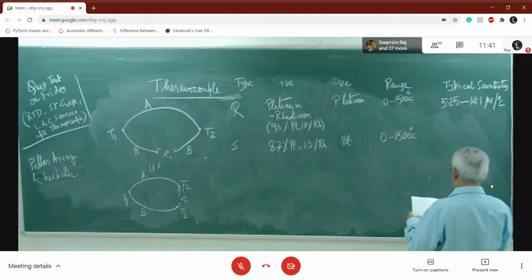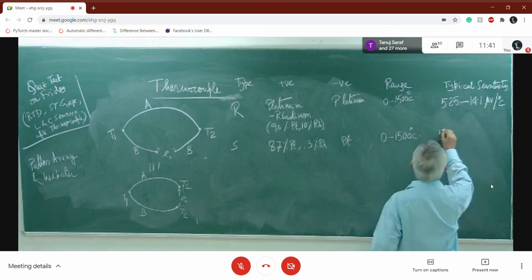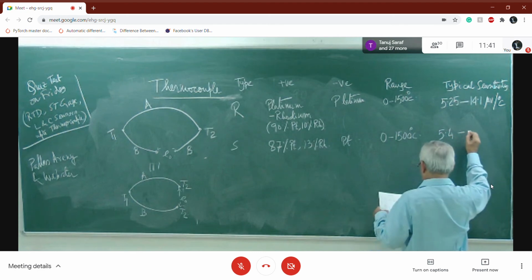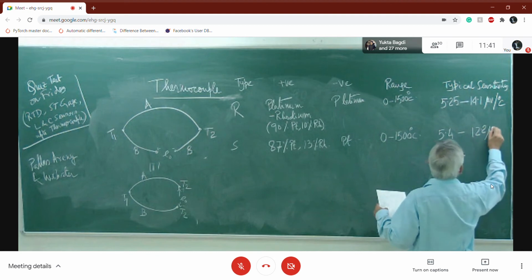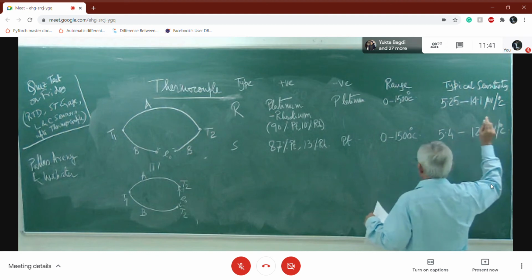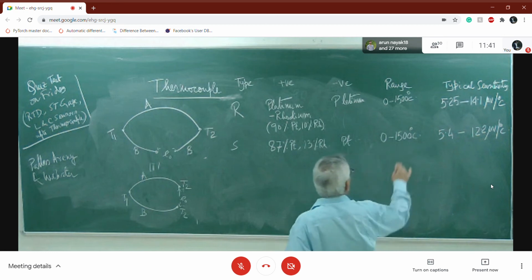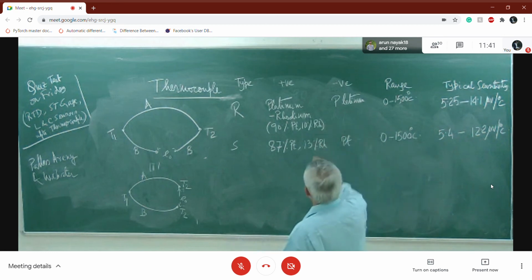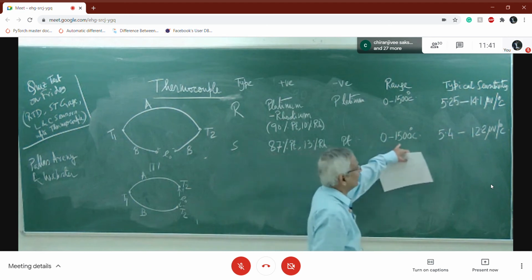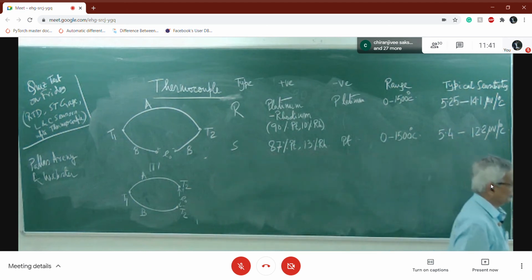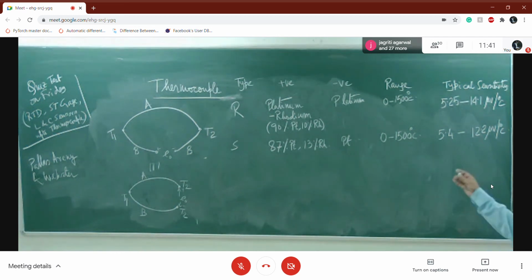Their sensitivity is also more or less the same, 5.4 to 12.2 microvolt per degree Celsius. Platinum R and S are mostly used for high temperature measurement.